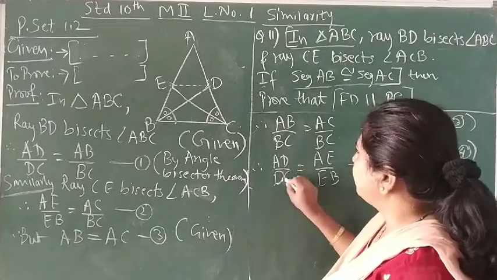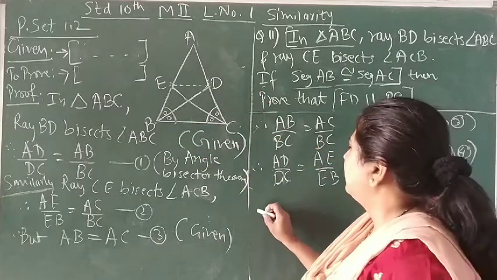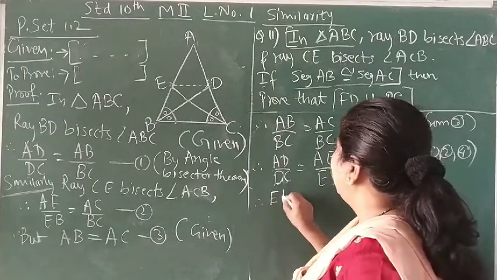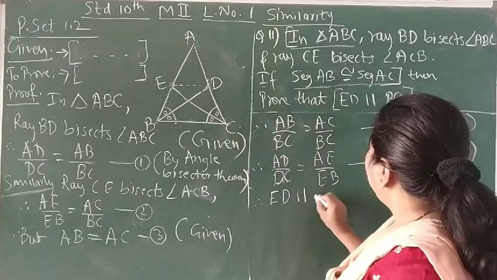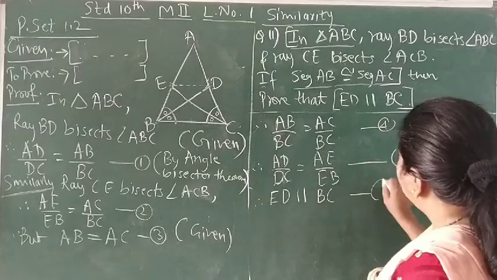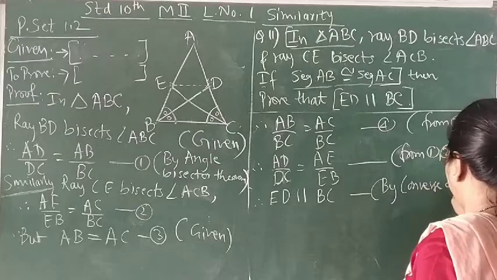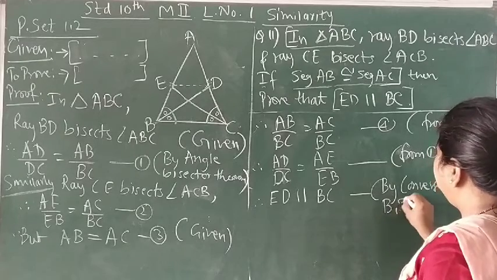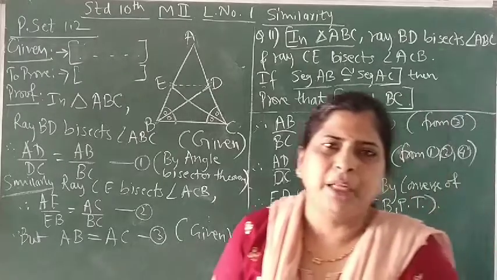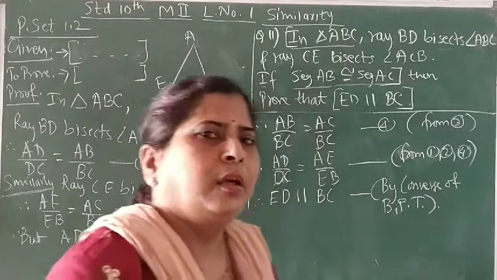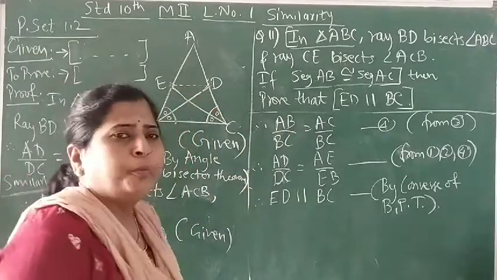And now when these two sides are in proportion because of this line ED, we can say therefore ED is parallel to BC. The reason is by converse of B.P.T., Basic Proportionality Theorem. Don't use the word theorem after B.P.T., because T means theorem only. Okay. So in this way we have proved that ED is parallel to BC.